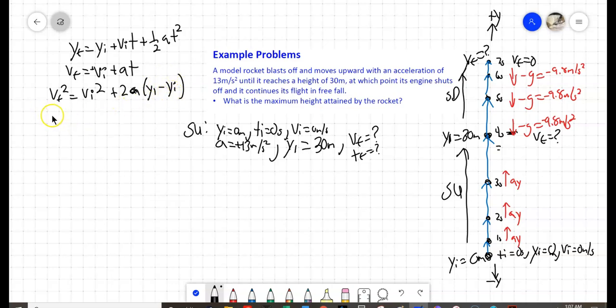Then we have y final equals y initial plus the average of the initial velocity and v1, that is v initial plus v1 all over 2, times delta t. And these should be delta t's as well.